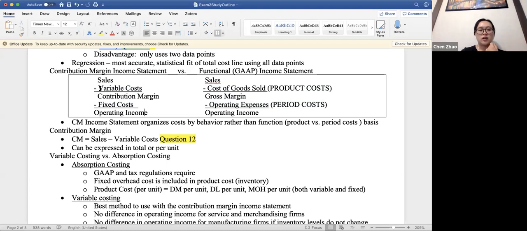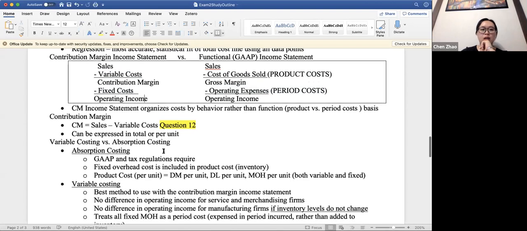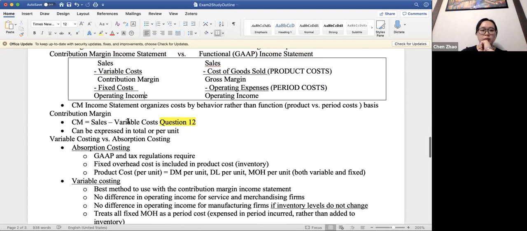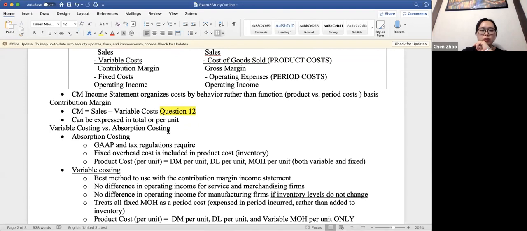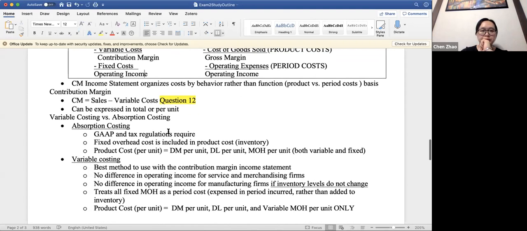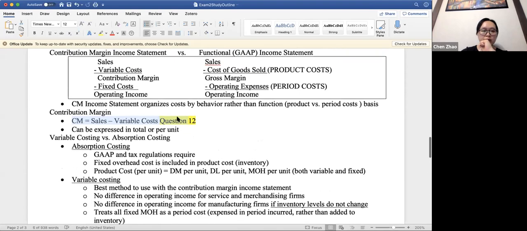When we deduct variable costs from sales, we get our contribution margin, and when we deduct fixed costs from that, we have our operating income. This is our new approach to the income statement. I think you are familiar with that. Contribution margin is equal to sales minus variable cost.